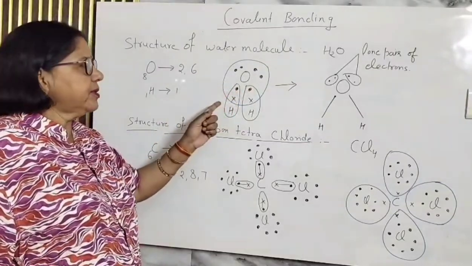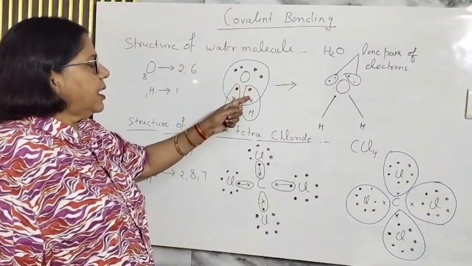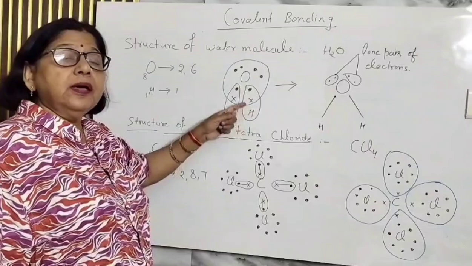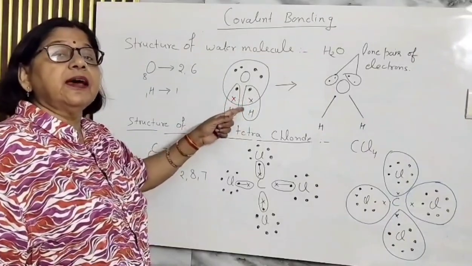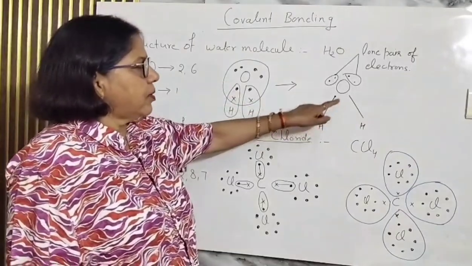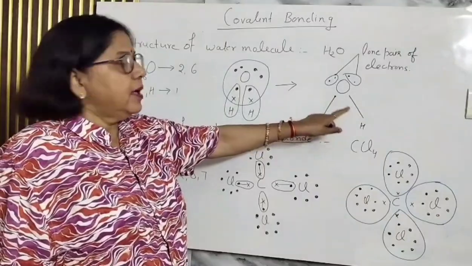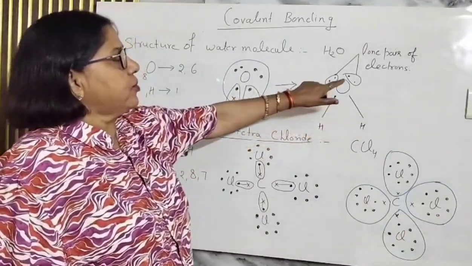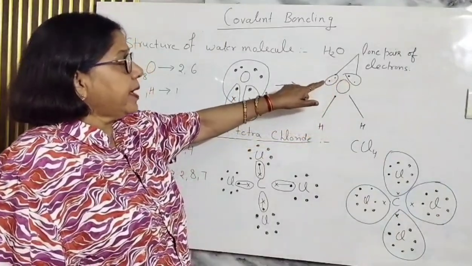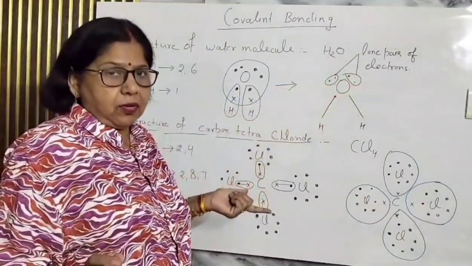Now, point to be noted, children, that these 2 electrons of oxygen are shared with the electrons of 2 different hydrogen atoms, forming the covalent bond. As I told you, the straight line shows the covalent bond. But this pair of 2 electrons remains unbonded.